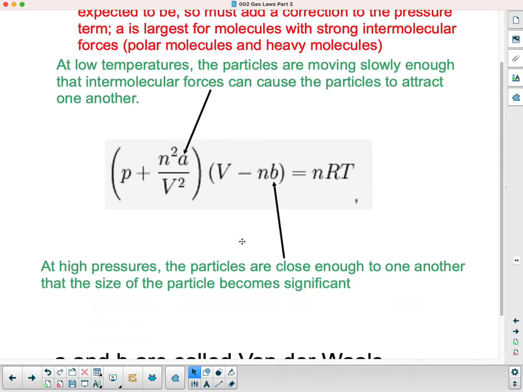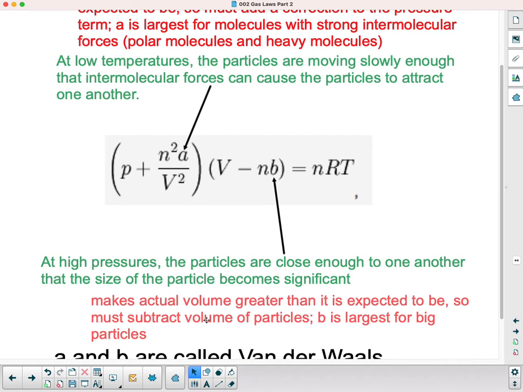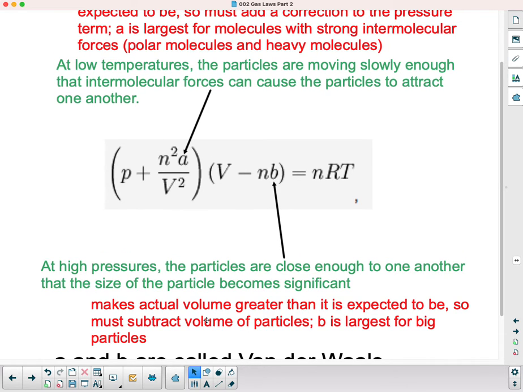And so the overall volume ends up needing to be corrected. If the particles are taking up space, it makes the actual volume that the gas needs to have be greater than what it's expected to be. So to make the calculation work, you have to subtract out the space taken up by the particles.